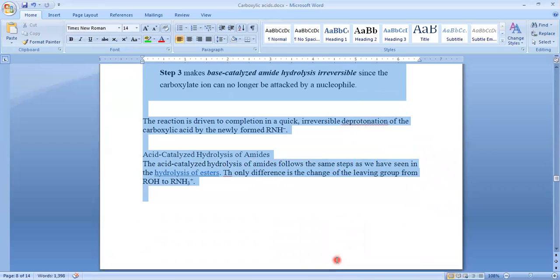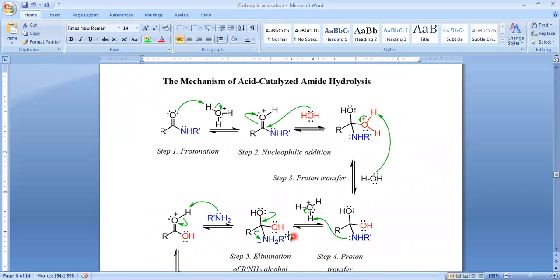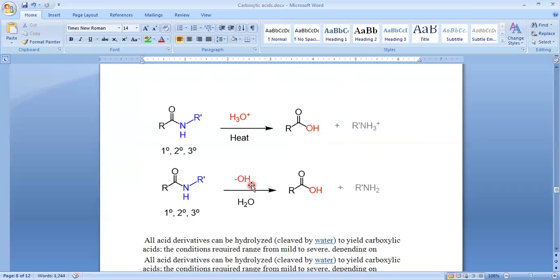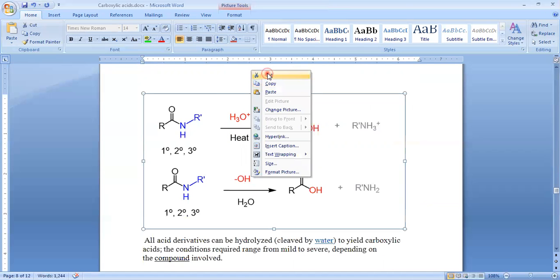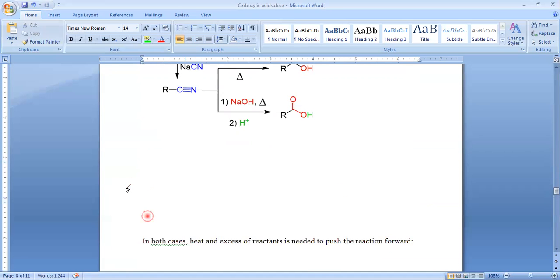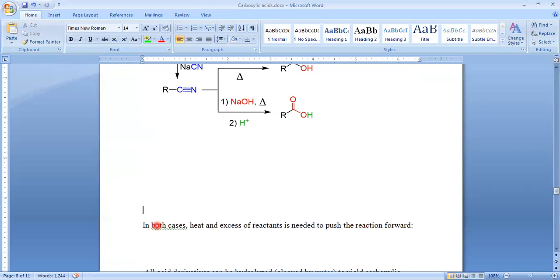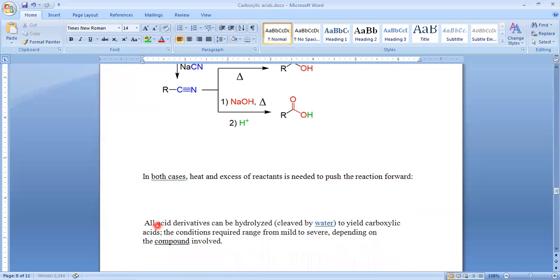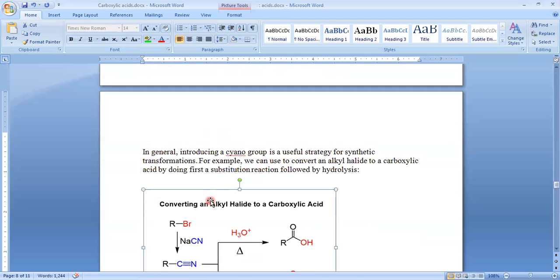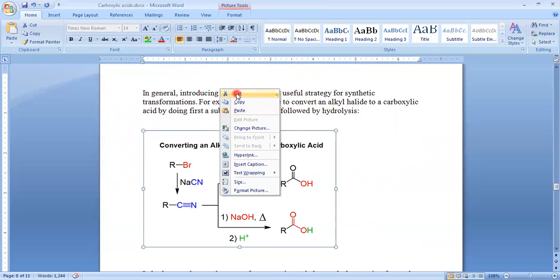This is also repeated. Okay, next one is important one, but this is also repeated.